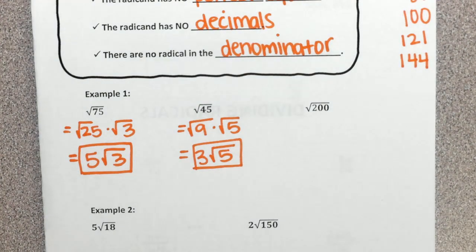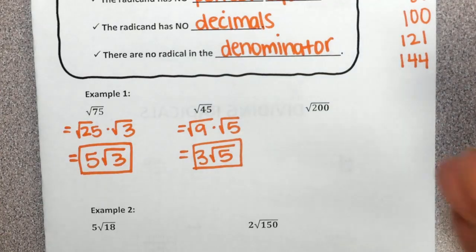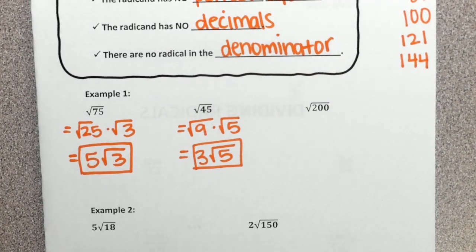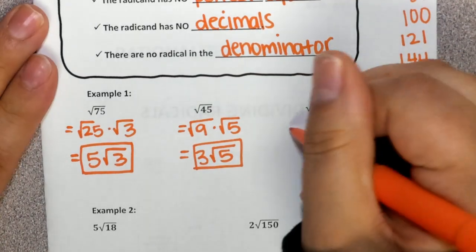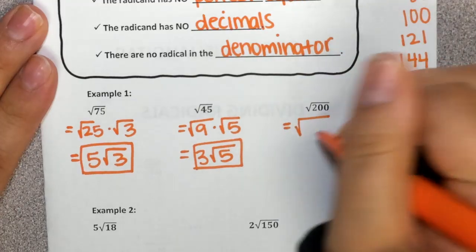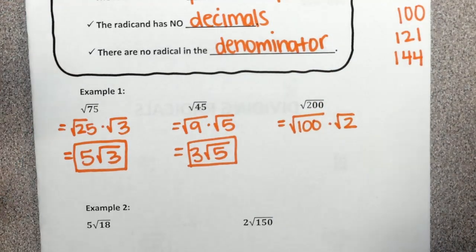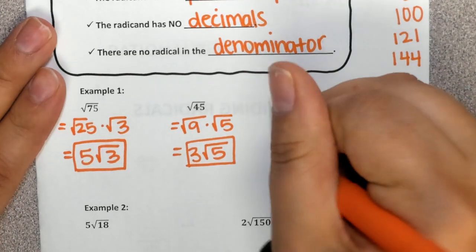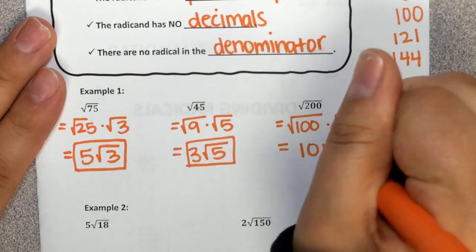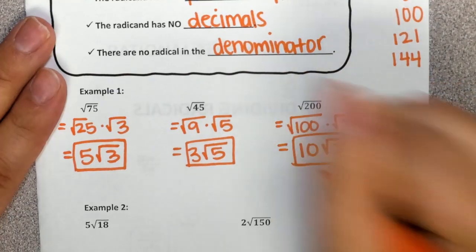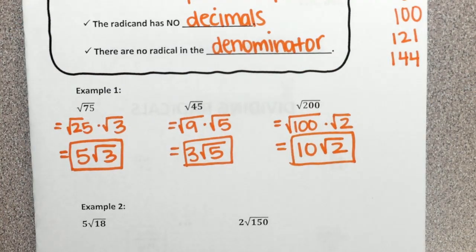Although you're right, if you wrote 25 times 8, that is 200. That's not my answer because it's going to leave me with a perfect square in the radical. So, what number am I going to use? 100 times the square root of 2. What is the square root of 100? So 10 square roots of 2 is my answer. Are we okay with this?